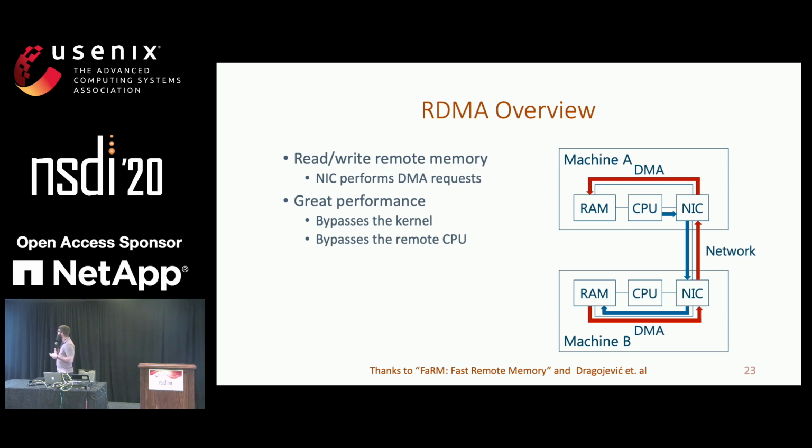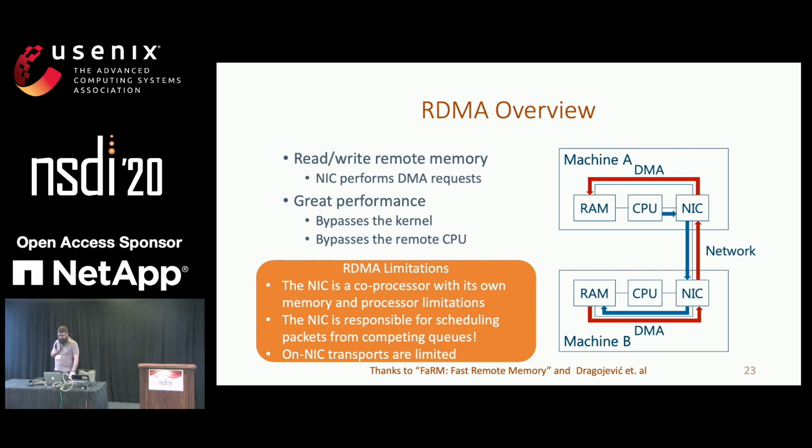So it initiates a request from the CPU on machine A, skips the CPU entirely on machine B. This can provide predictable performance without requiring dedicated CPU resources. Okay. The NIC, however, is a coprocessor, and that is going to lead to some limitations that we're talking about. We're going to see not one but 2 papers that are having to work within these coprocessor limitations of SmartNICs as accelerators.